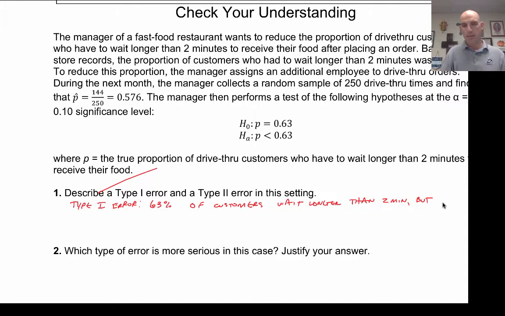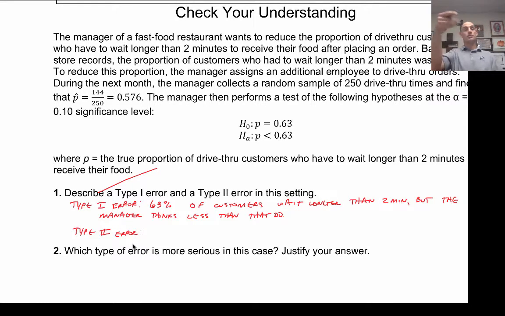But we make the wrong decision. So we would say the manager thinks less than that do. Okay? A type 2 error would be the alternative is actually true, but we think that it's not.